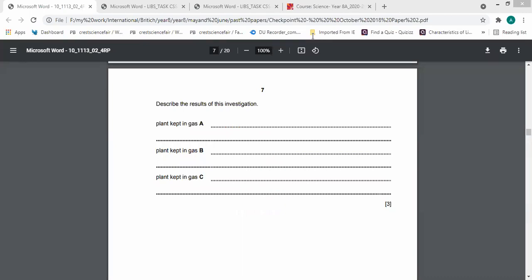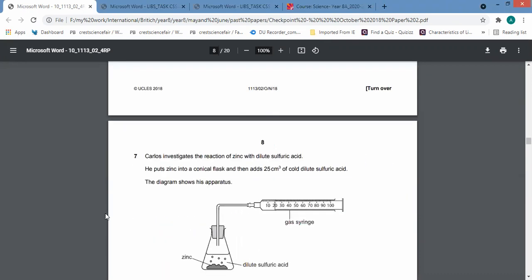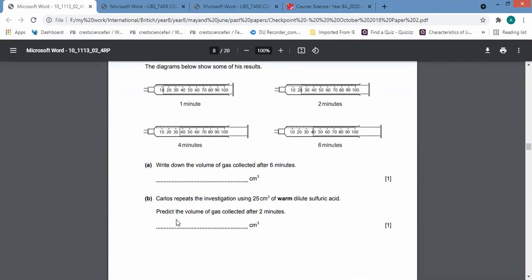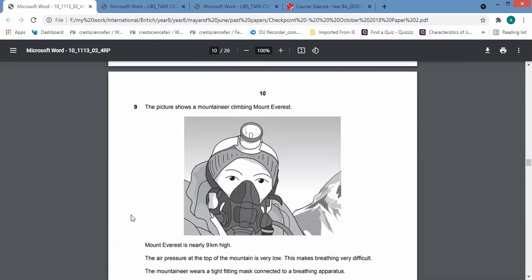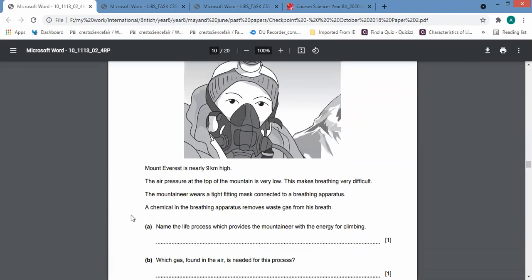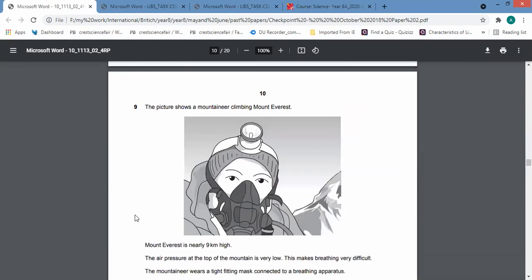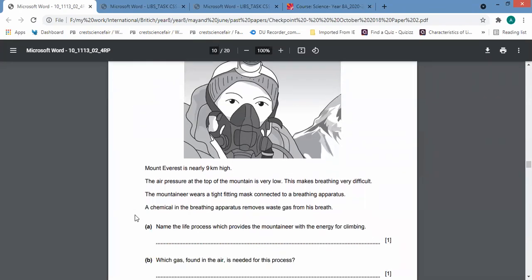Number 9. Okay, Sam. 7, 8, and 9. Okay. Number 9, the picture shows a mountaineer climbing Mount Everest. Mount Everest is nearly 9 kilometers high.